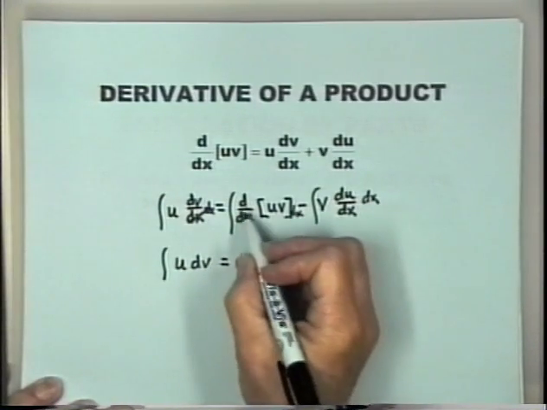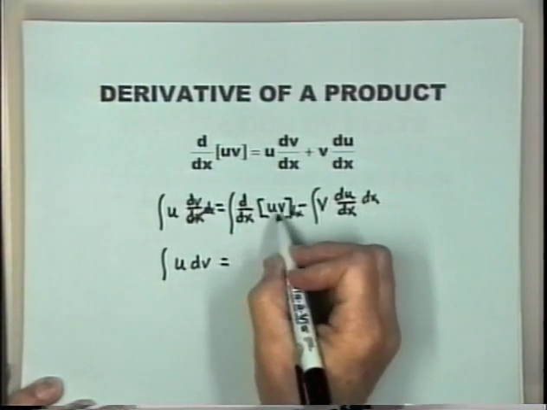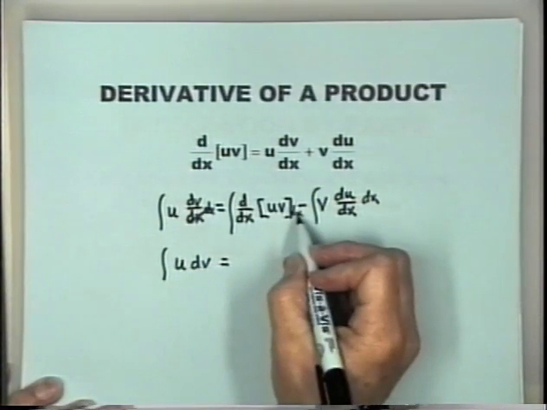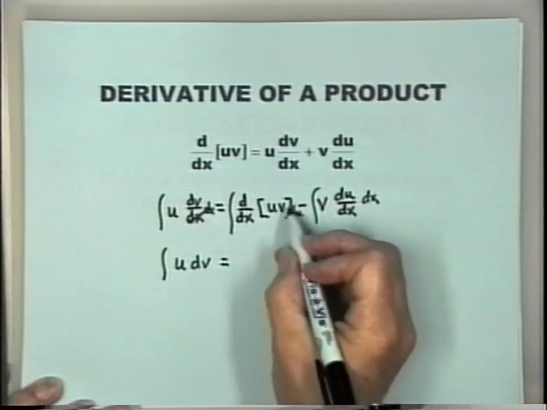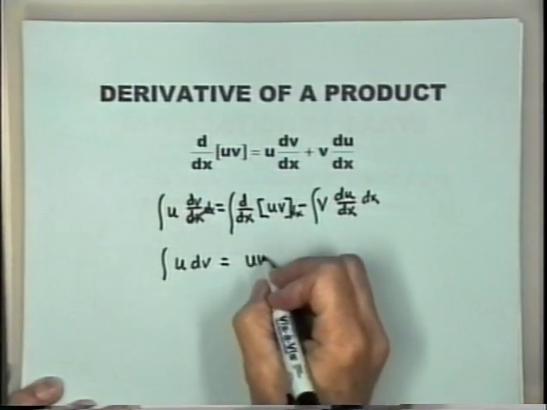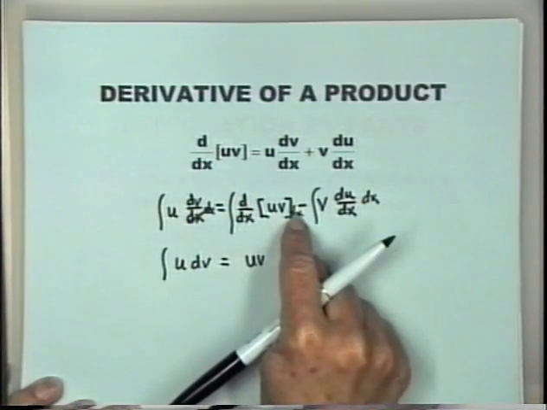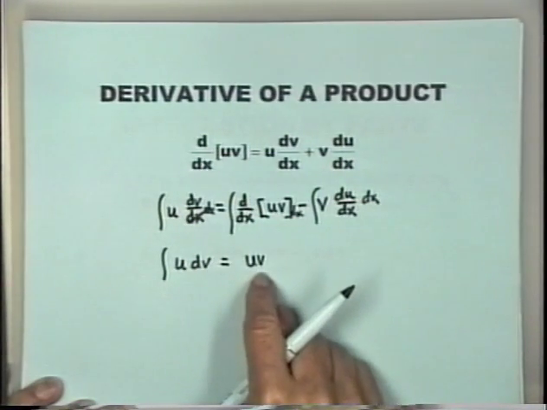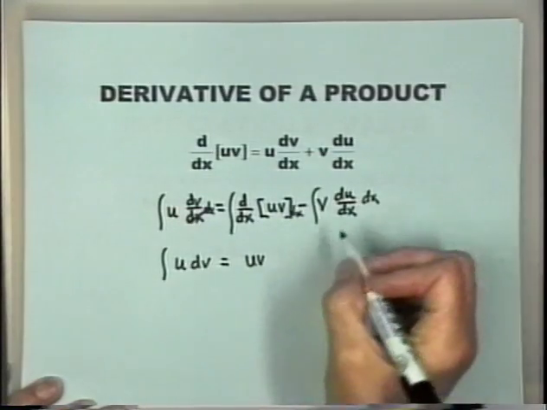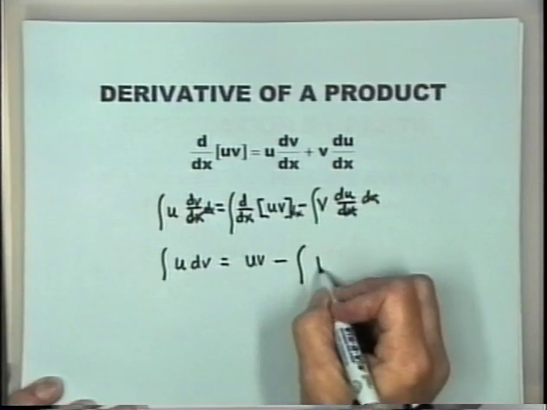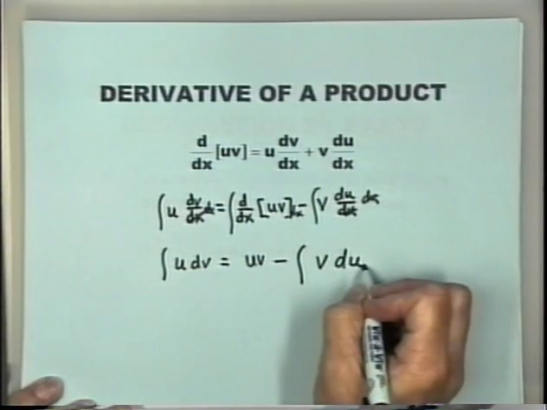Now on this part, if you have the derivative with respect to x of this, and you find the antiderivative with respect to x, then you have what you started with there. In other words, you took the derivative of this with respect to x, then you found the antiderivative with respect to x, so you're back where you started. So you have u times v. Here these dx's cancel. You have minus the integral of v times du.